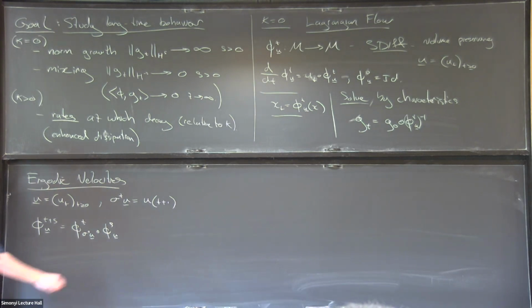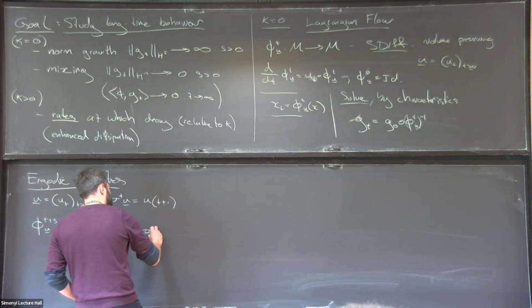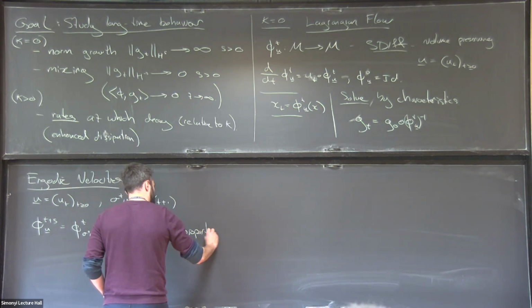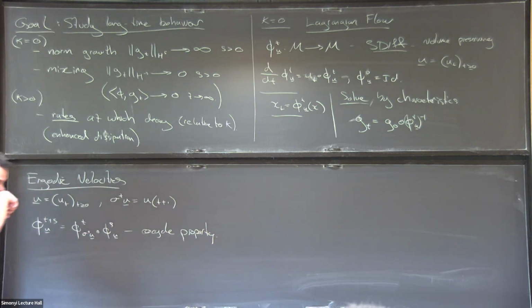This property is very important. It's a cocycle property. And in particular, it implies that if I were to take its derivative and define it to be the following thing.